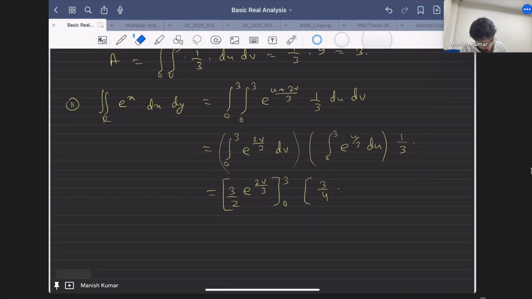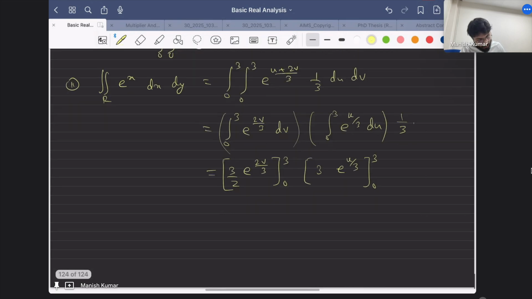This is 3 times e raised to the power u by 3, 0 to 3, and 1 by 3, e square minus 1, and then you have 3 times 1 by 3, 3 by 2, e square minus 1, e minus 1. Okay, so this is what you get.